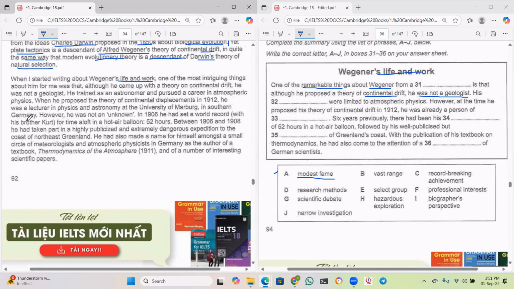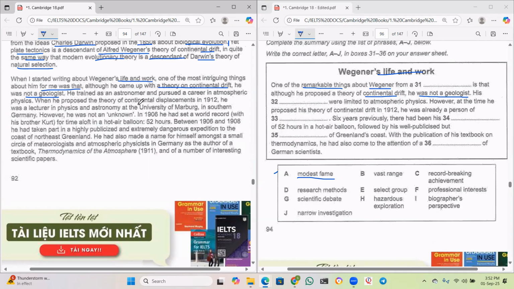So let us read the paragraph first. When I started writing about Wegener's life and work, one of the most intriguing things about him for me was that although he came up with a theory of continental drift, he was not a geologist. He trained as an astronomer and pursued a career in astronomical physics.